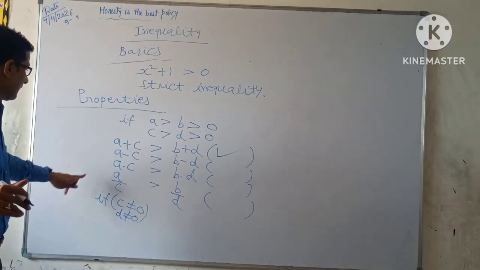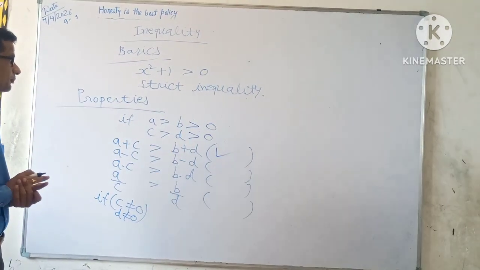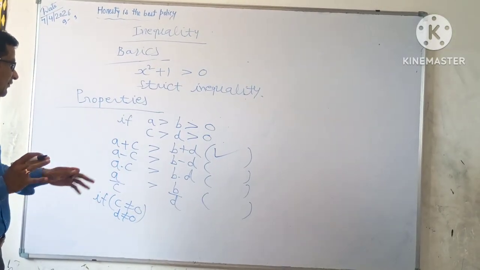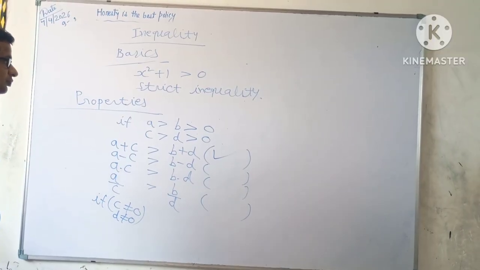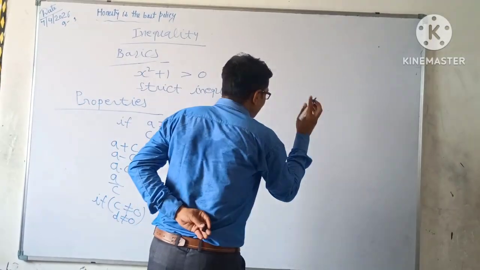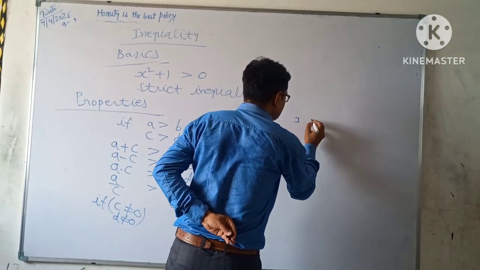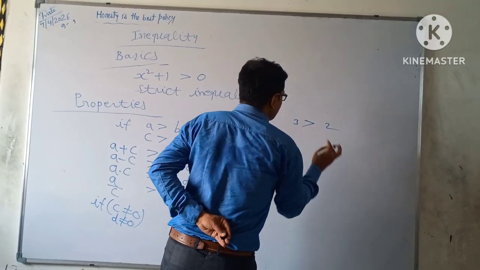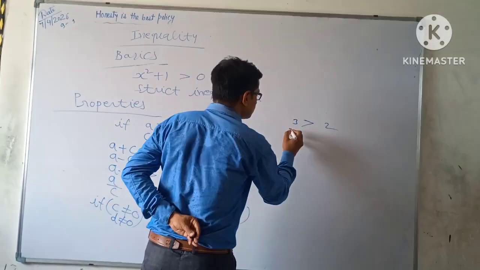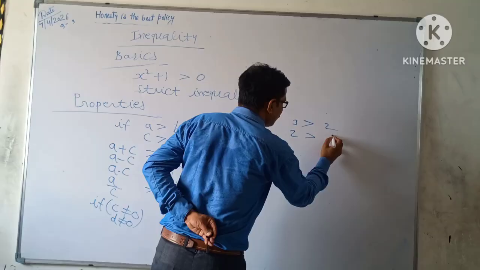But again, A minus C greater than B minus D. If both are positive, can we subtract them or not? Let us discuss. For example, 3 greater than 2, and here if we take 2 greater than 1.